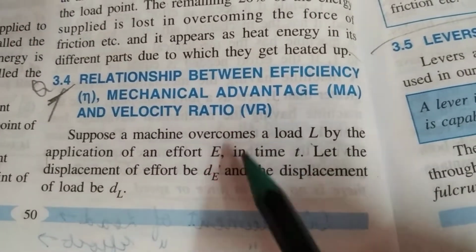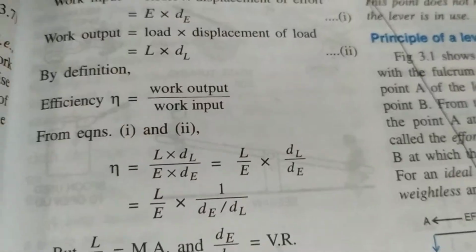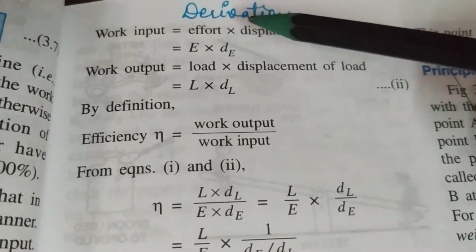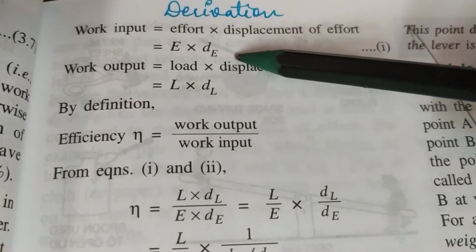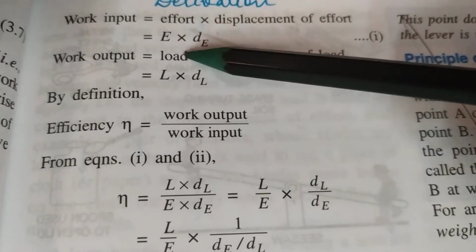And in doing so, the displacement made by effort becomes dE and displacement of the load is dL. Now student, by the definition of work, input will be effort into displacement made by effort, that is E into dE. Work output will be load into displacement made by load, that is L into dL.